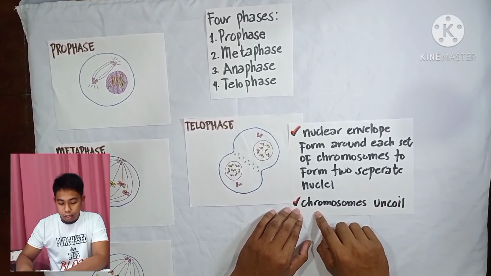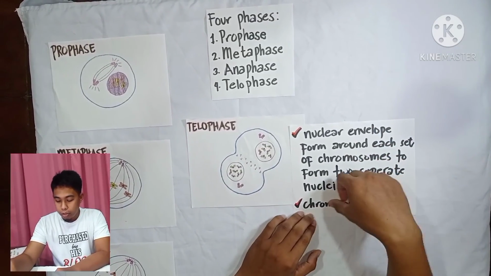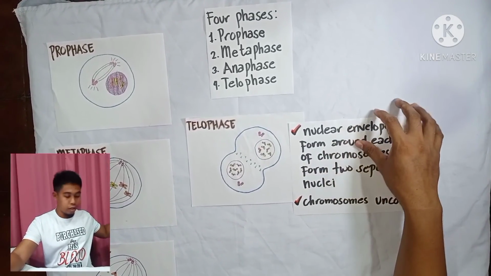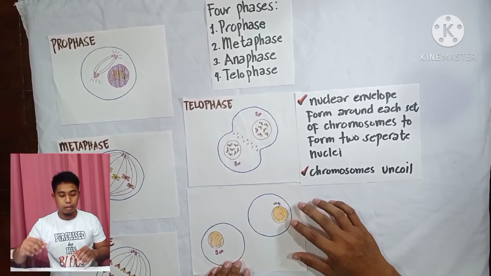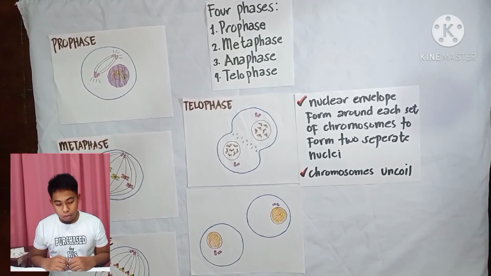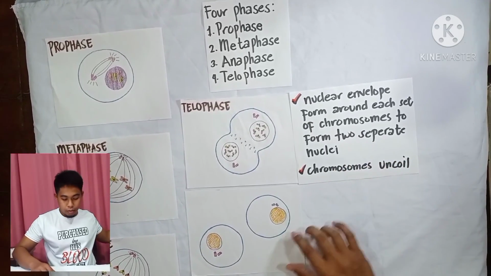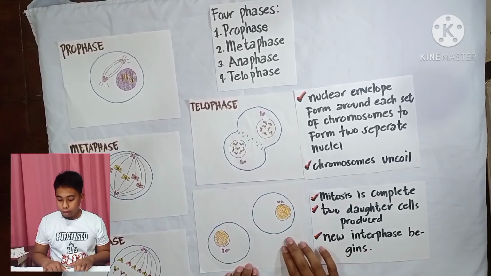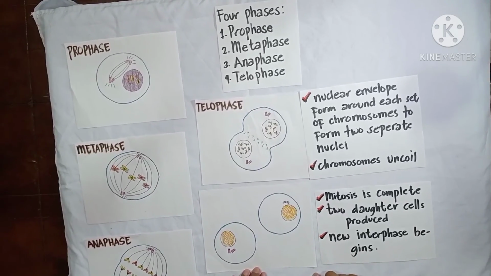After the nuclear envelope forms, the chromosomes begin to uncoil and the two new cells separate. In this picture, mitosis is complete, two daughter cells are produced, and the new interphase begins.